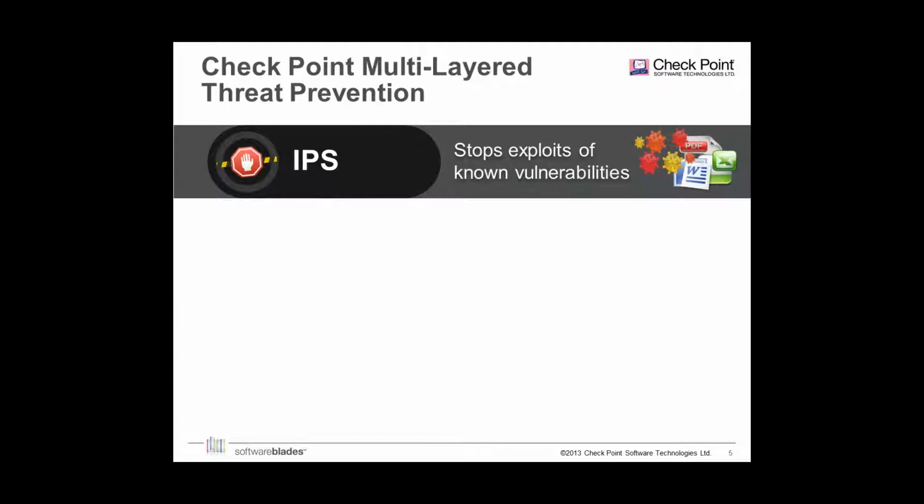Now, in that gap between the announcement being made and the patch being made available, with IPS you are able to block attacks on the wire. Even if your servers or clients are not yet patched, that exploit cannot take place on your client devices, because the Checkpoint gateway can stop that known exploit.